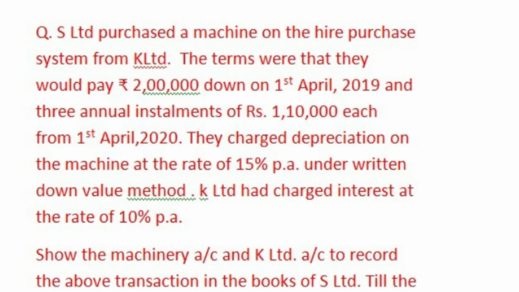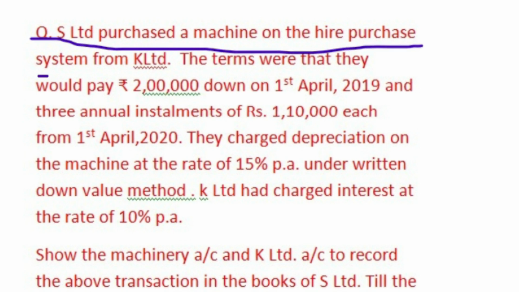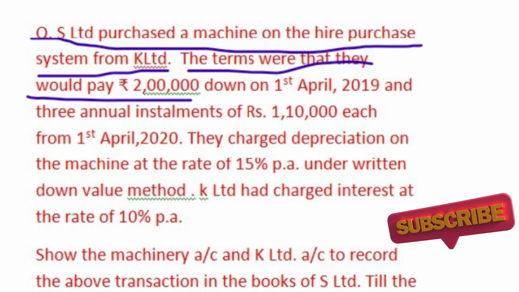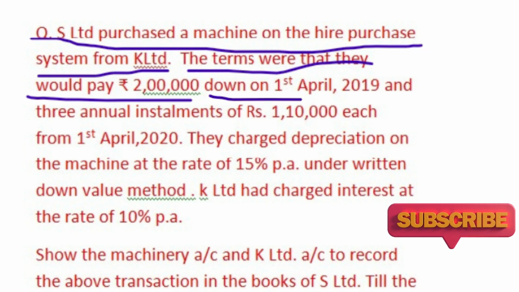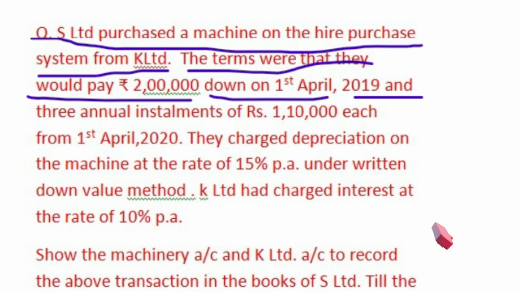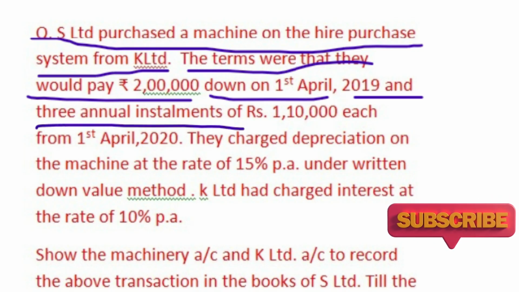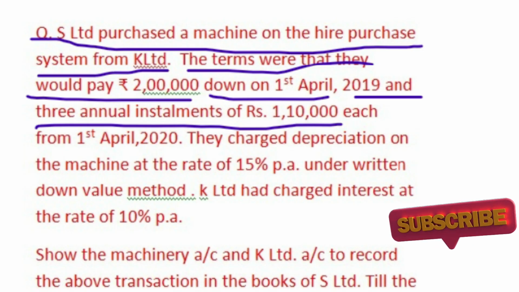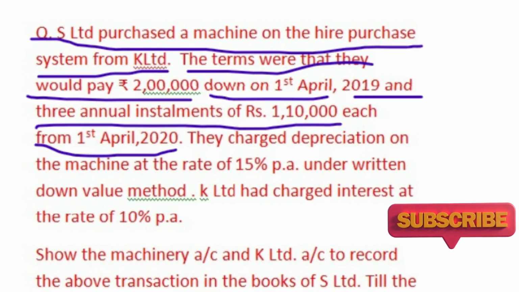Here you see that S Limited, the hire buyer, purchased a machine on the hire purchase system from K Limited, the hire vendor. The terms were that they would pay rupees 2 lakh down on 1st April 2019 and 3 annual installments of rupees 1,10,000 each from 1st April 2020.